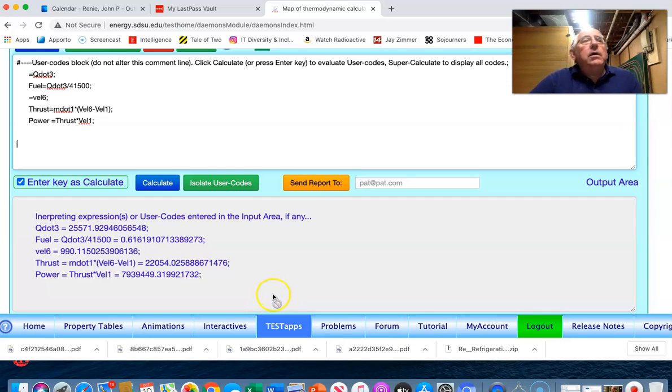Okay, so again, the units are going to be watts because it's actually joules per second. And so this term right here in power, if I move the decimal place 3, and then if I move the decimal place 6, then I would have 7.9 megawatts of propulsive power. And that then answers all of the questions that were asked for in this particular problem.